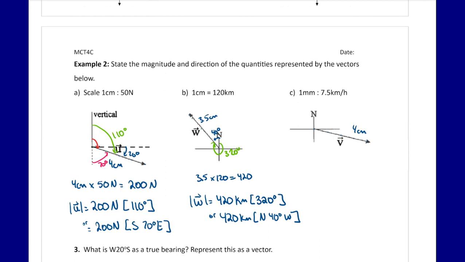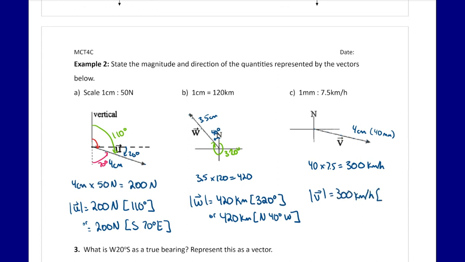Because it's dealing in millimeters though, this is the same thing as saying 40 millimeters. So 40 times 7.5 equals 300 kilometers per hour. So my vector V is going to be 300 kilometers per hour.